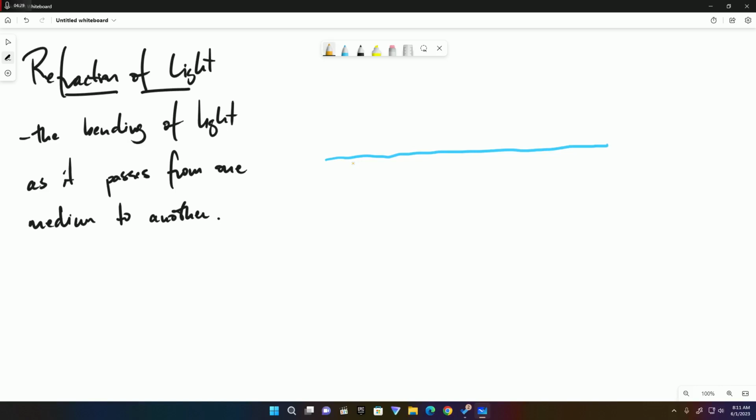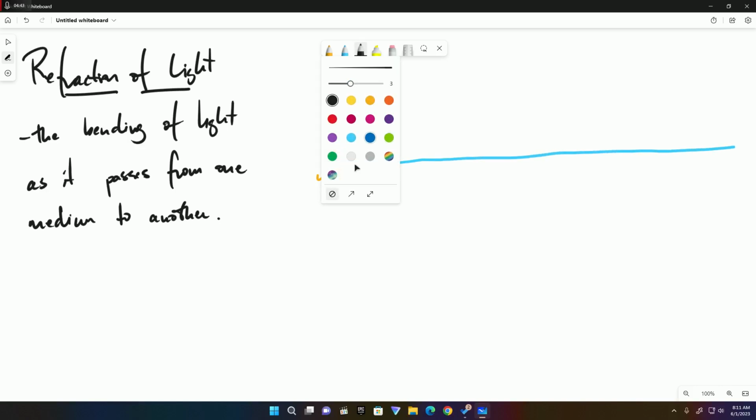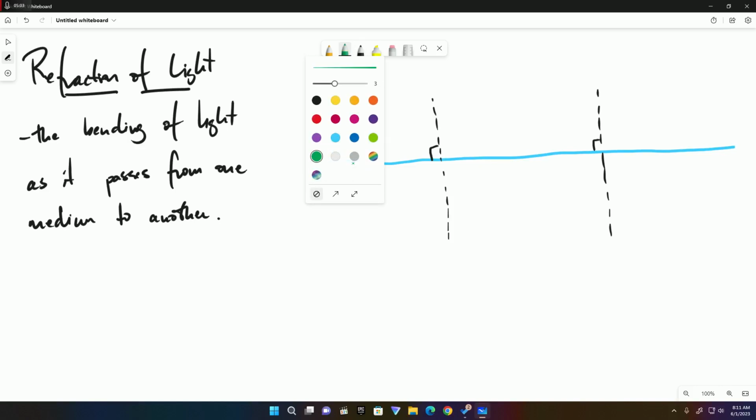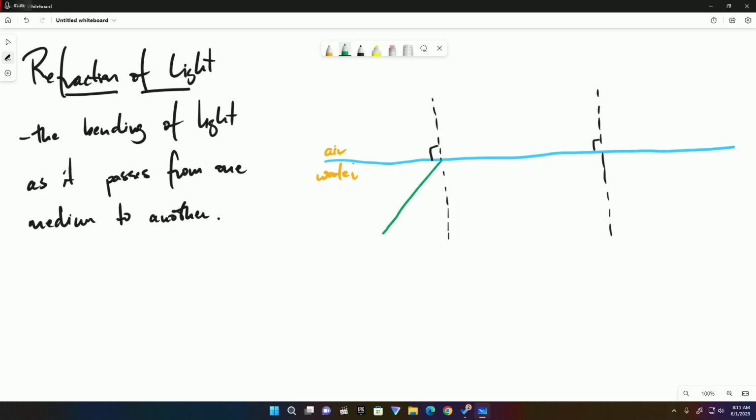If this is air and this is water, we can construct a pair of normals, perpendiculars. The reason I'm using a pair will be seen shortly. And we can have a ray of light, one ray, traveling from the water to the air.